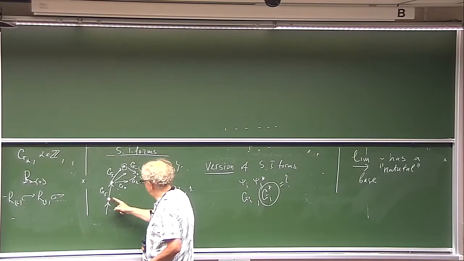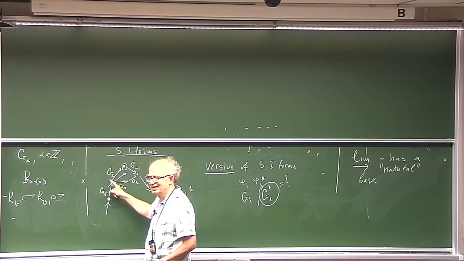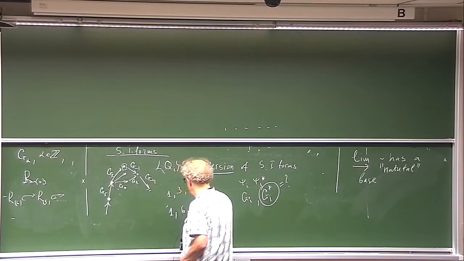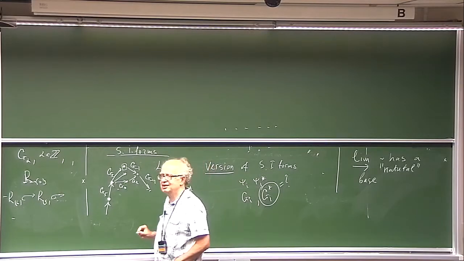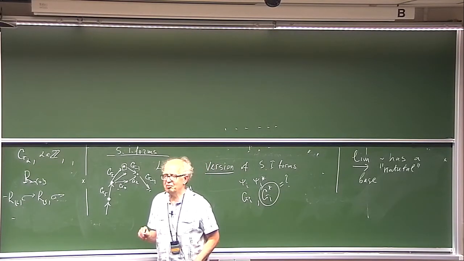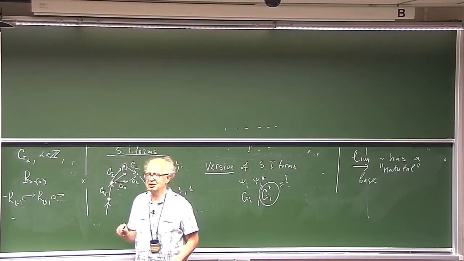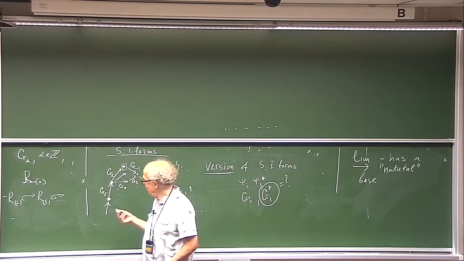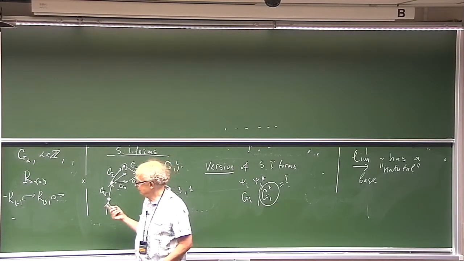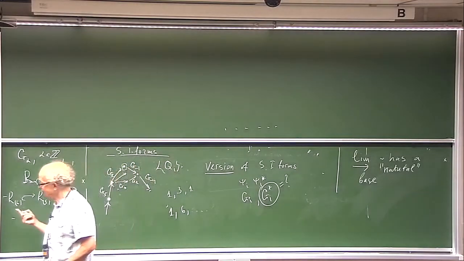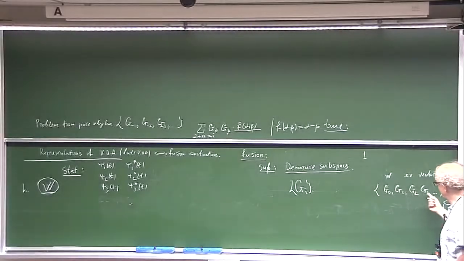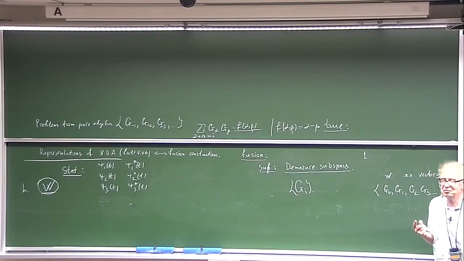I can act by 0, by 1, by 2, by 3, by 4, and it will be 6, and then it will be something. So we get sub-representation, and these sub-representations are representations of G0, G1, G2, G3, and so on.